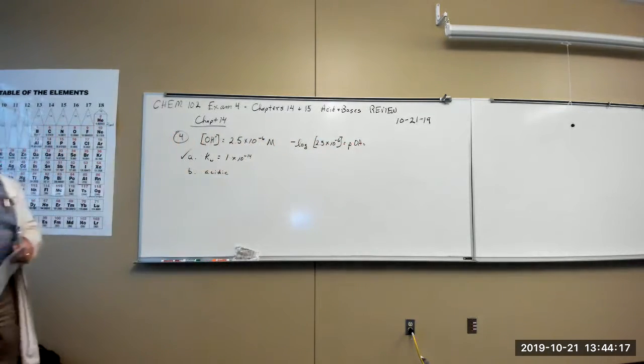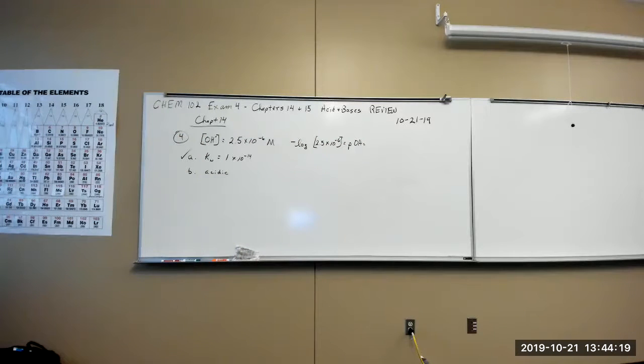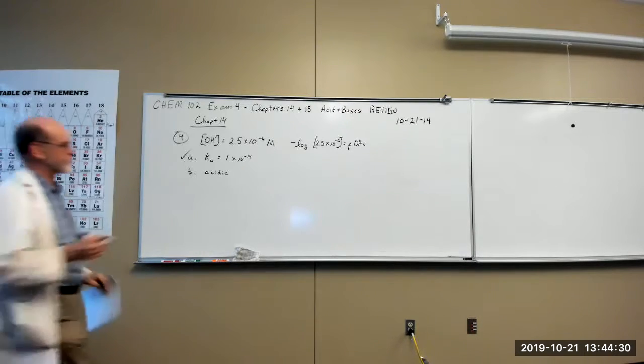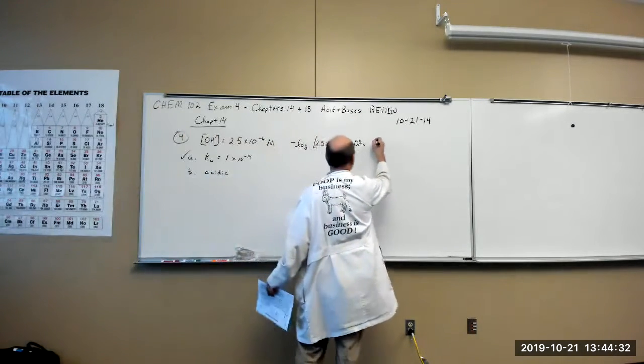Right, so 2.5 exponent 6 minus. Let's take the log and reverse the sign to be 5.6. That's the pOH.